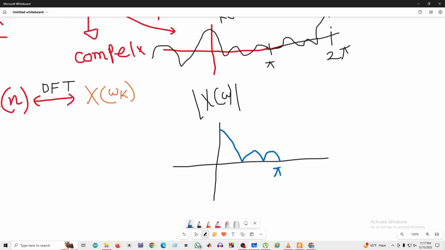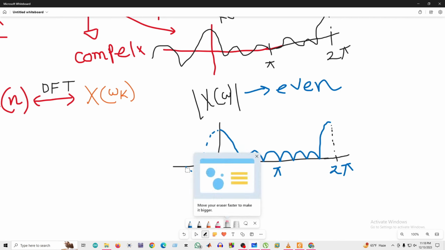This is your pi, and from pi there will be the same folded version, and then the signal is again periodic, because in the DTFT our signal is periodic with a periodicity of 2 pi. This is the feature of X of omega. And the magnitude of X of omega is even symmetric, so the same version also appears on the negative side, right?